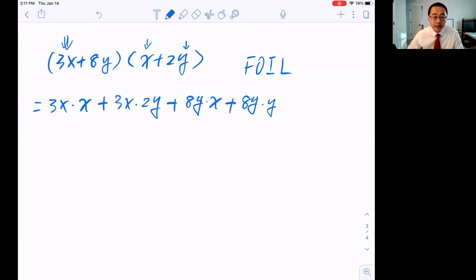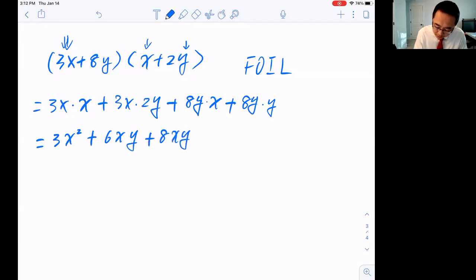So then you can combine, oh, sorry, my daughter's speaking, I'm working. And so then this equals 3x squared plus 3x times 2y is 6xy, plus 8xy, plus 8y squared. So the middle two terms can be combined again.